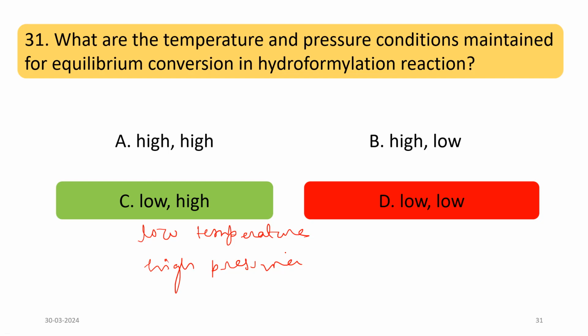Low temperature means around 300 to 600 Kelvin, and high pressure means 100 bar. That will give more than 30% conversion.